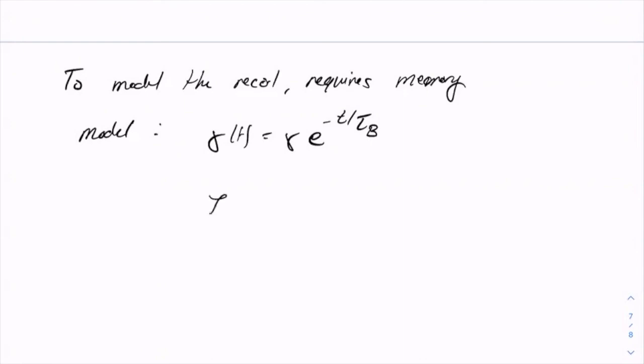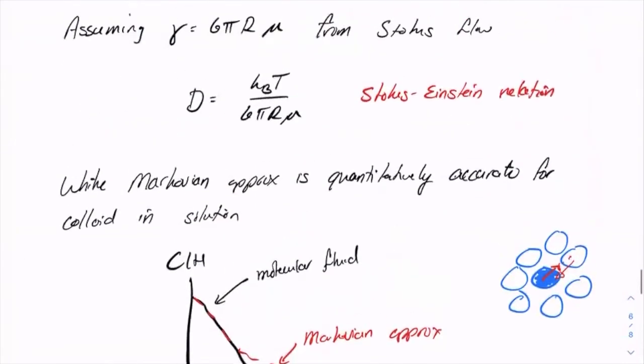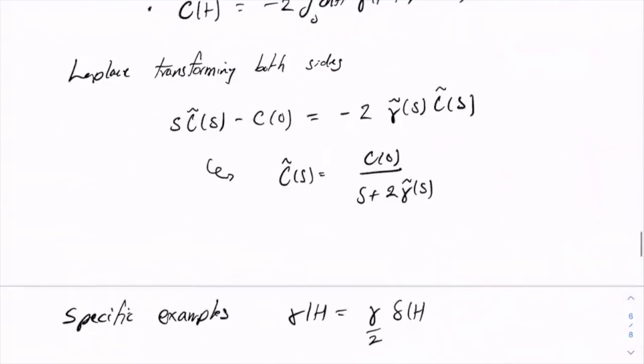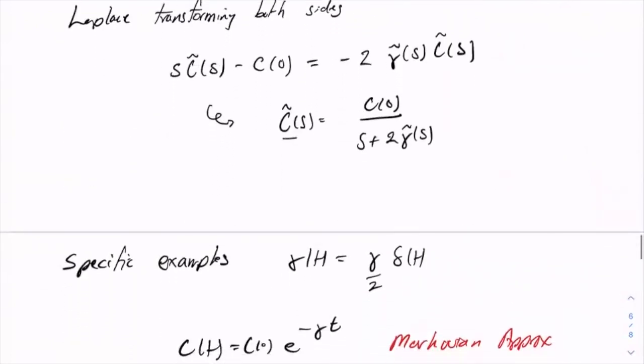Now, if we know the Laplace transform of this function, which we do, it's just a simple exponential, we can put that Laplace transform back into our solution for the velocity-velocity autocorrelation function in Laplace space.